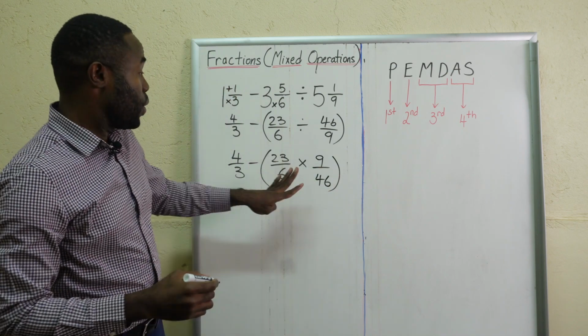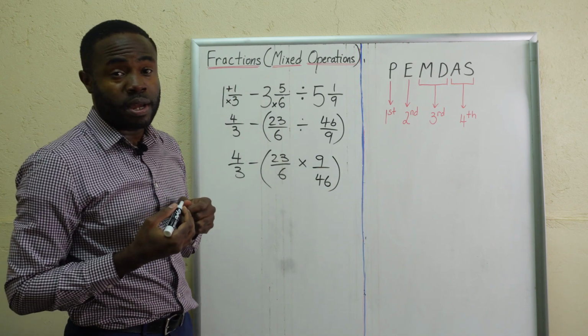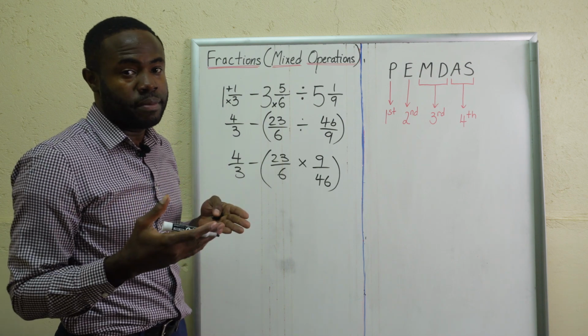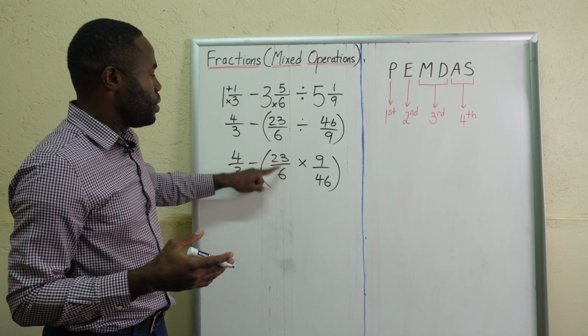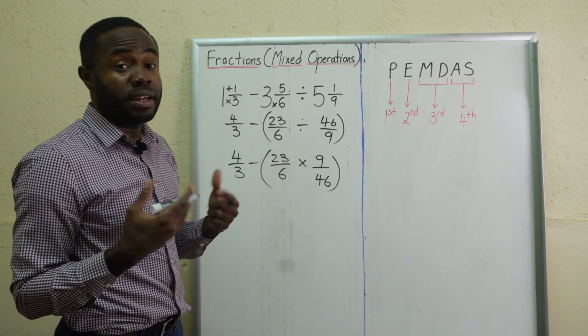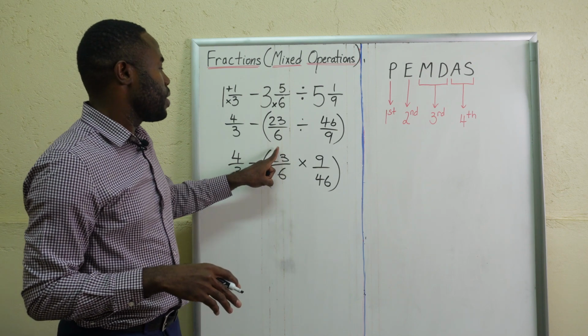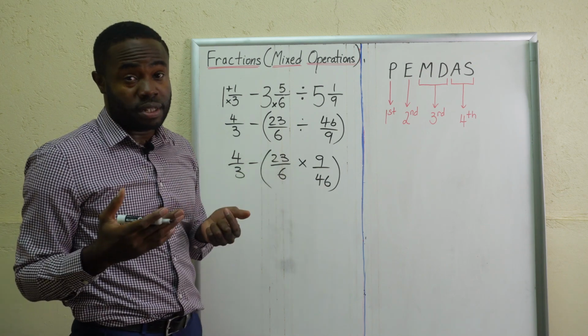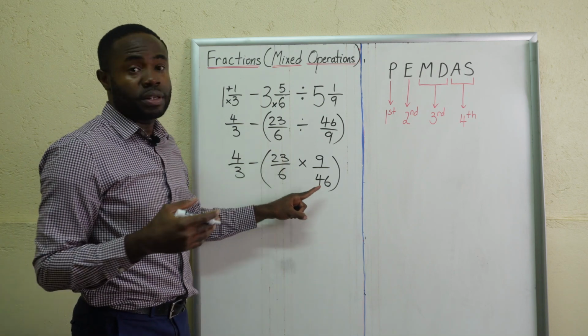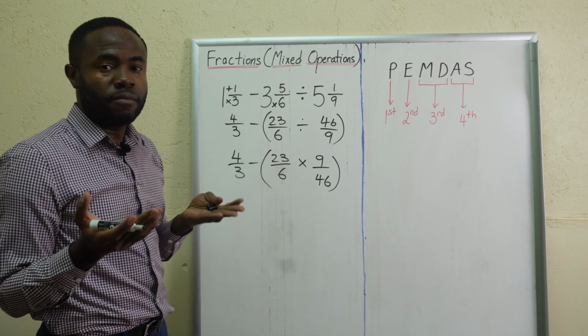Now look closely. Remember, when we're multiplying, we can reduce or cancel any numerator with any denominator. So we check up, down, nothing there. Then we check right here as well, nothing there. And then we check the diagonals. So we have 23 and 46. If you look closely, you notice that 23 is a factor of 46.